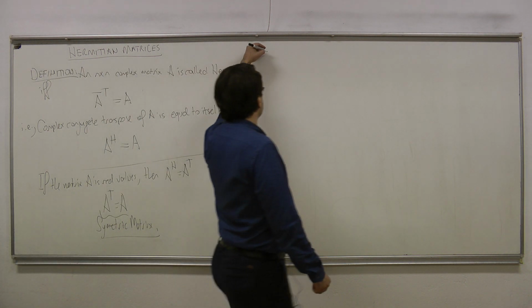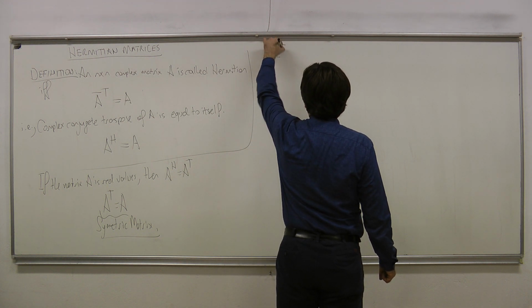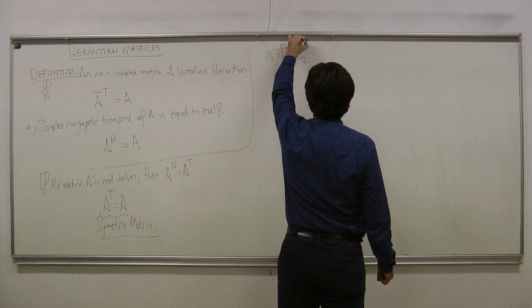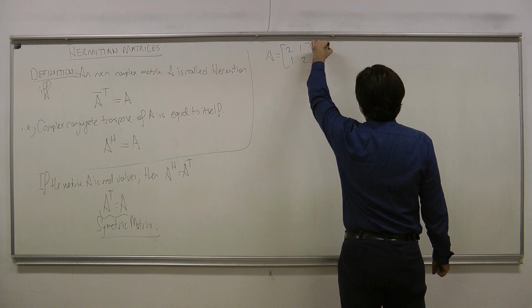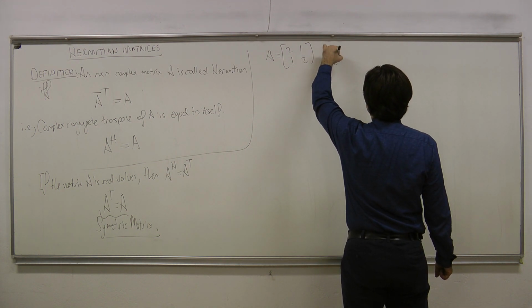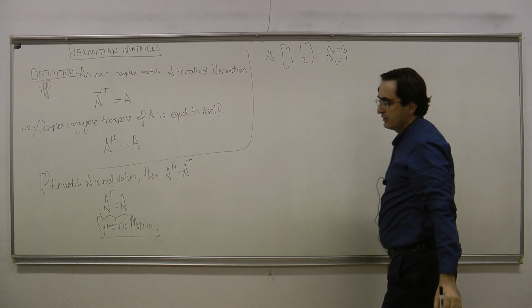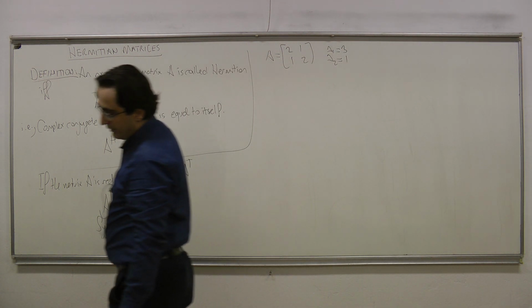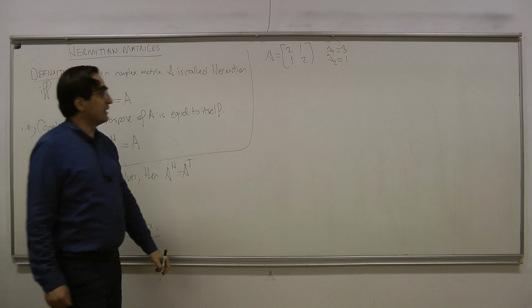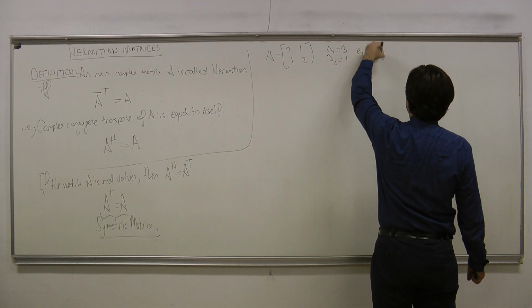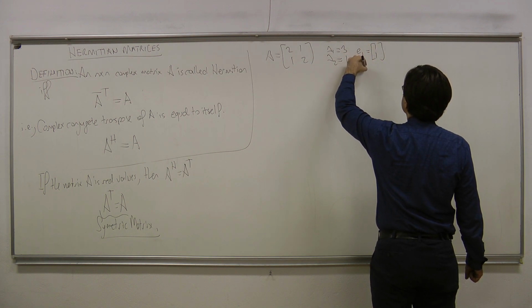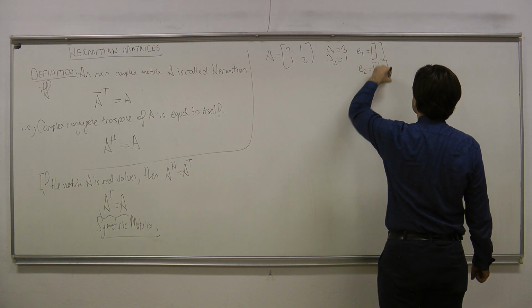So remember my famous example that I used in the previous lectures. This A had the eigenvalues lambda 1 and lambda 2, which were 3 and 1. Okay? And we know that the eigenvectors for these eigenvalues were E1 equal to 1, 1, and E2 equal to 1, minus 1.